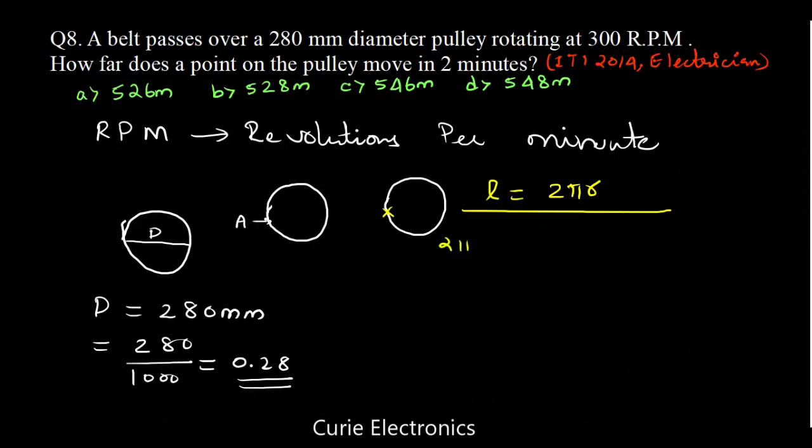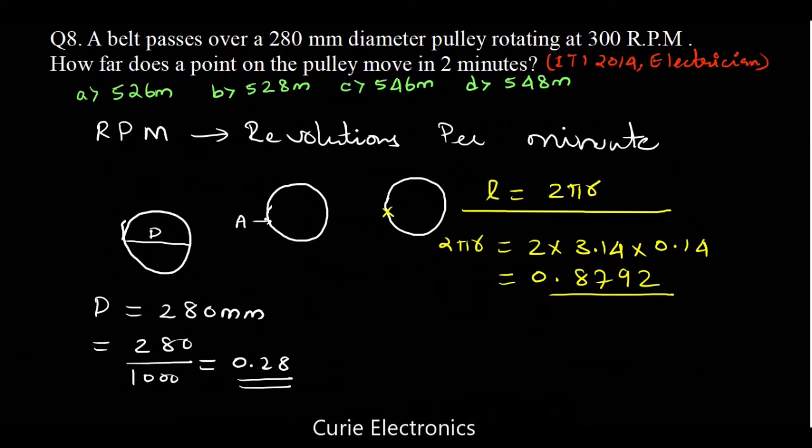So what is the 2 pi r value? 2 multiplied by 3.14 multiplied by the radius. Radius should be half of the diameter, so 0.14. Now you multiply, what you get? It should come to 0.8792.